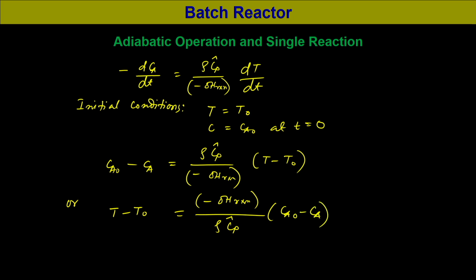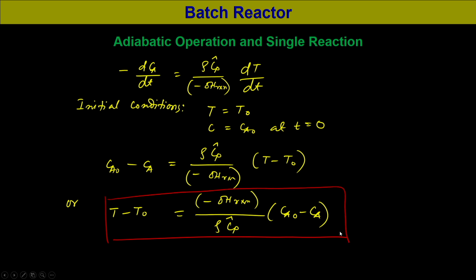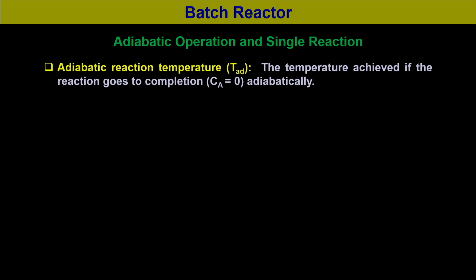Now, from this second relation, we can derive the adiabatic reaction temperature. The adiabatic reaction temperature T adiabatic, if we define, is the temperature which is achieved if the reaction goes to completion, that is Ca is equal to 0, adiabatically.